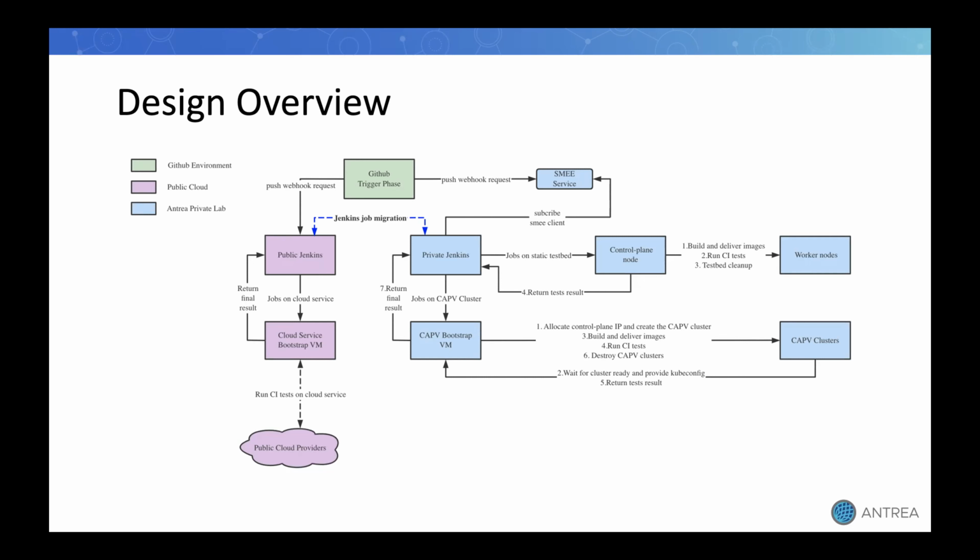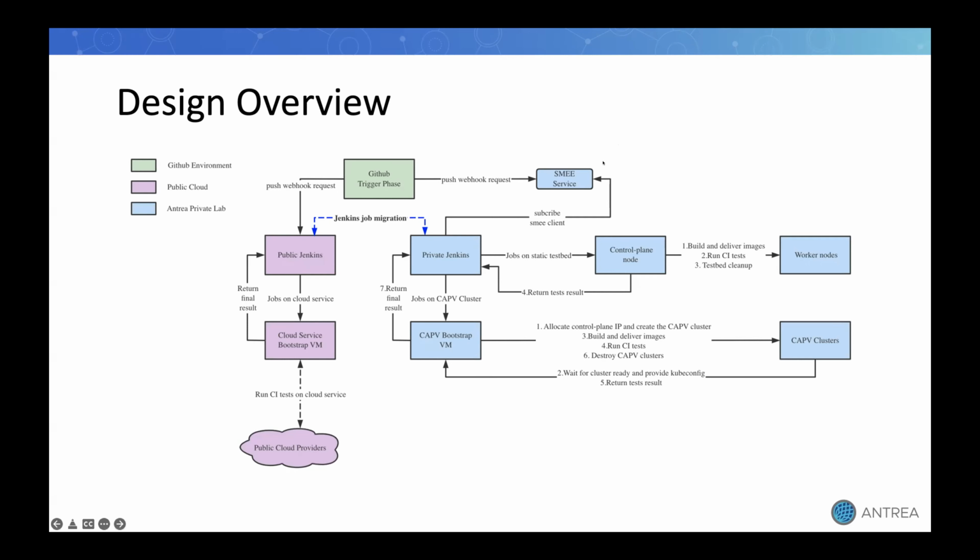But since, as I said, we really need to support the private lab solution to improve the stability of the CI pipeline, the blue arrow shows our plan to support the job migration between these two Jenkins hosts. After the job migration, most of our CI tasks run on the private lab.